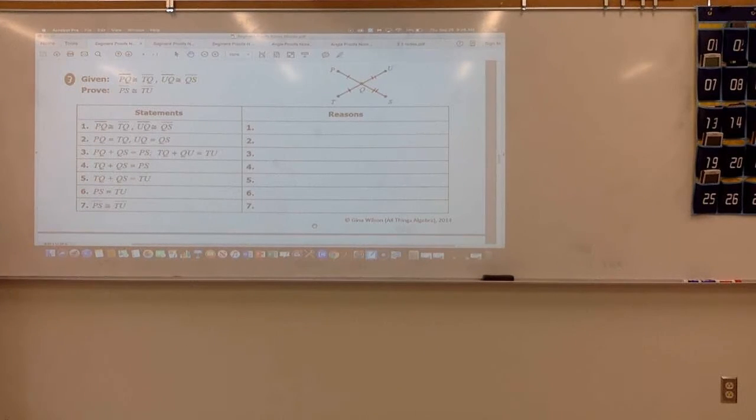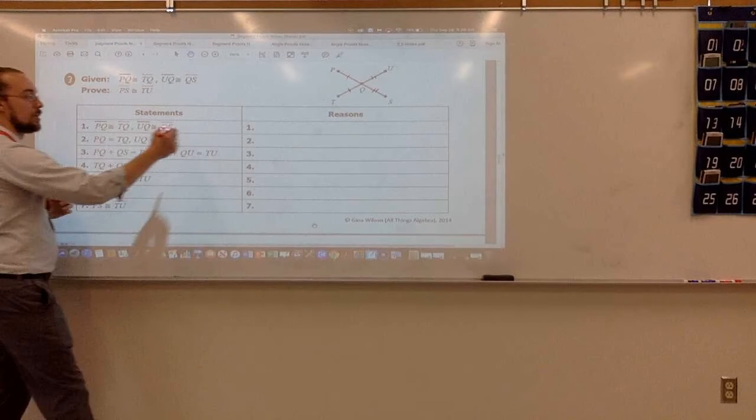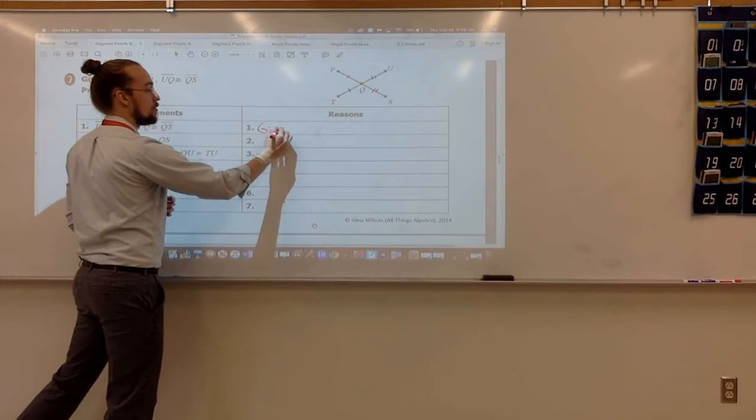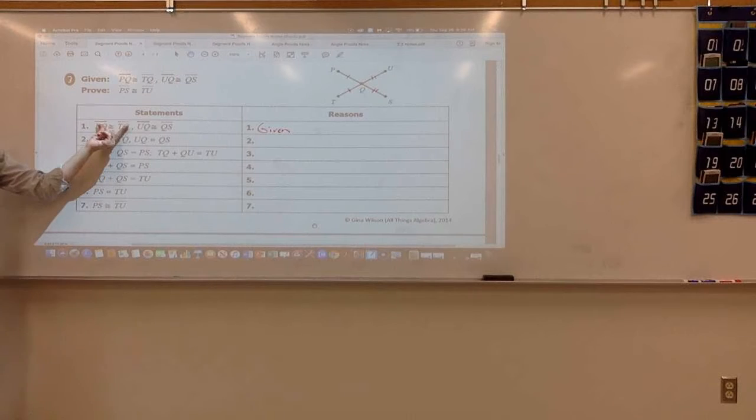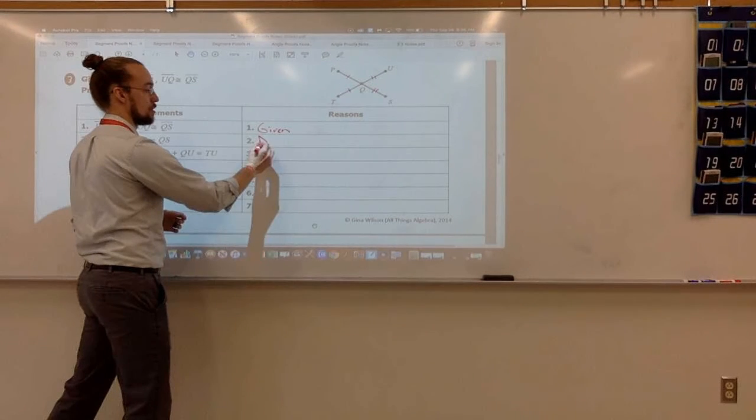What's my reason for the first one? Now they say if the segments are congruent, those same lengths are equal. What's my reason for that? Definition of congruence.